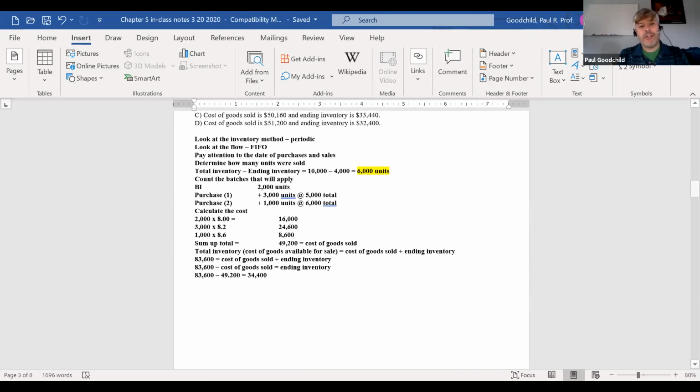So that calculation would be to take the remaining units, which is equal to 4,000, and multiply it by the 8.6 cost, which should still come up to 34,400.